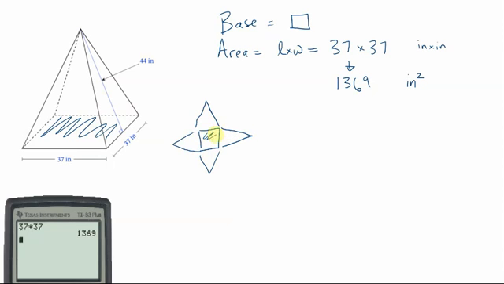We've taken care of this. What we have is basically 4 identical triangles that are going to be exactly the same. I'm just going to quickly draw a triangle that will represent one of them. It's not perfect, but it'll do.